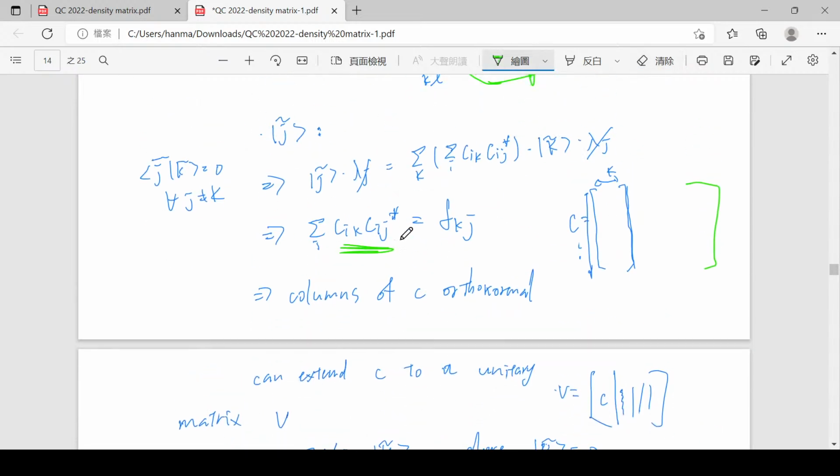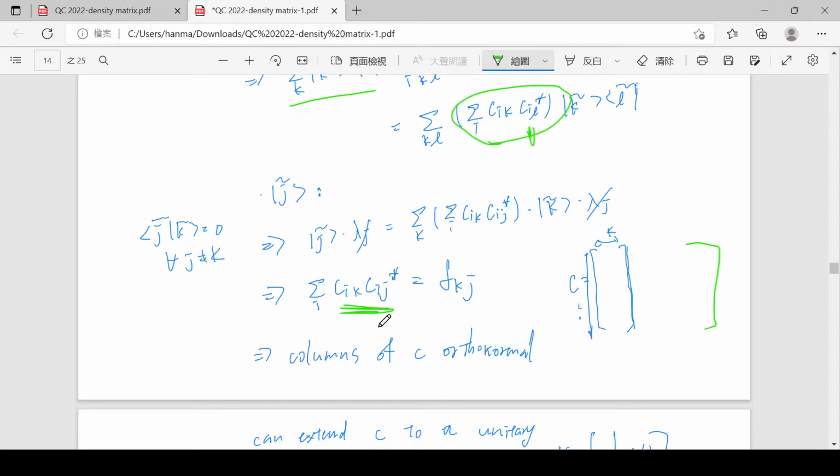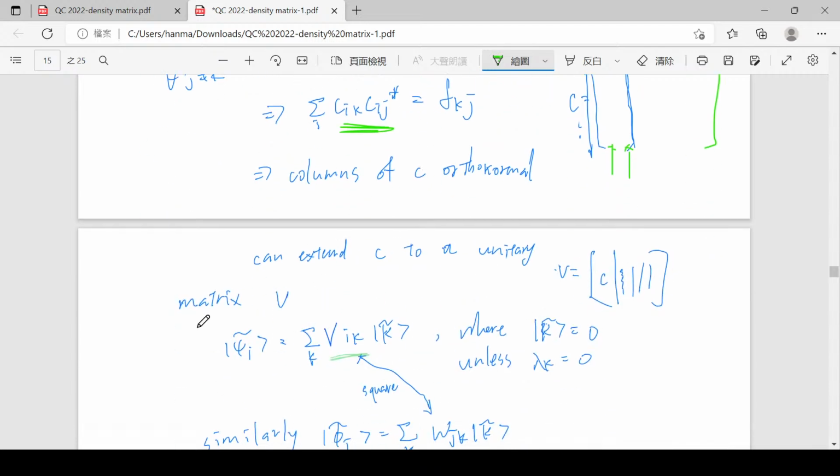But now, as we said, we think of C as a matrix, so we view C_ij as the ijth element of matrix C. Then this relationship just means that the kth column and the jth column are orthonormal to each other.